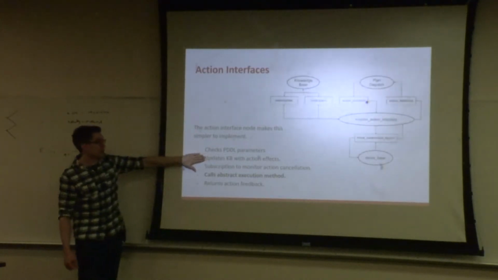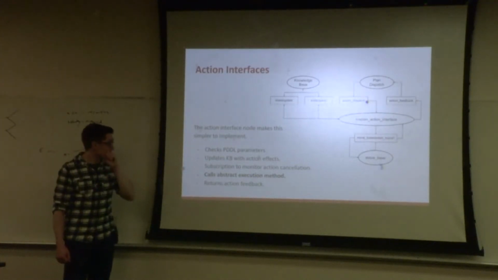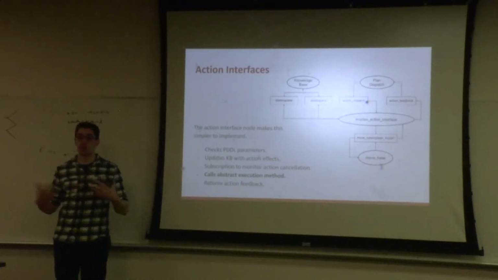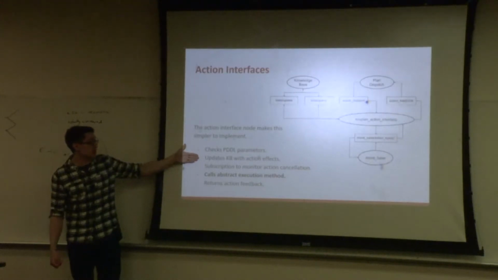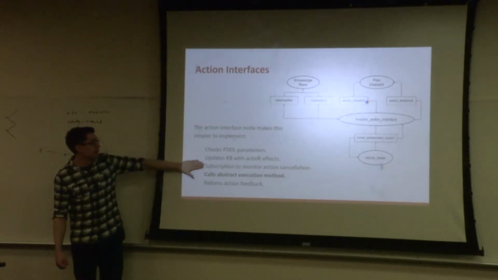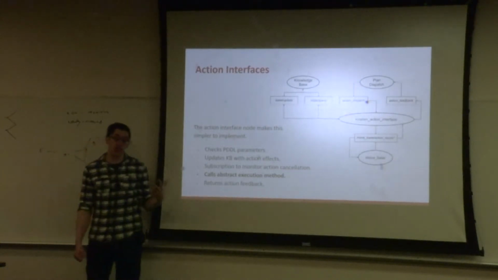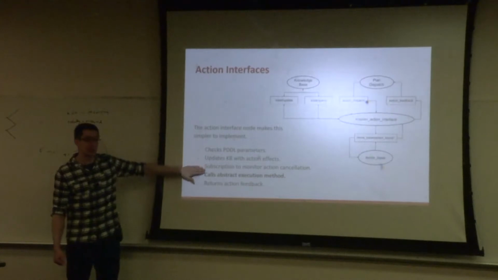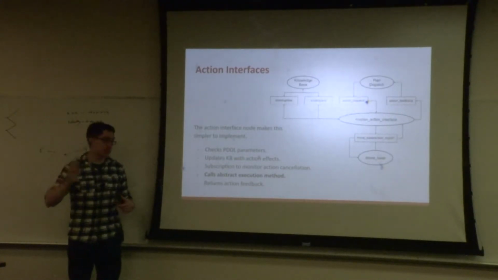It updates the knowledge base with action effects, and you can flag in the knowledge base which parts of the state can be sensed or not, and the node will only update the parts which can't be sensed. It subscribes to, it's actually the same topic, the action dispatch topic, to monitor whether or not the action has been cancelled. It doesn't actually cancel the action, it just has a flag which says the action has been cancelled.